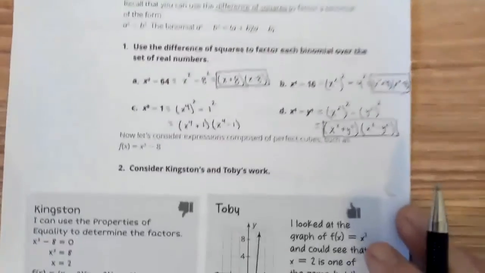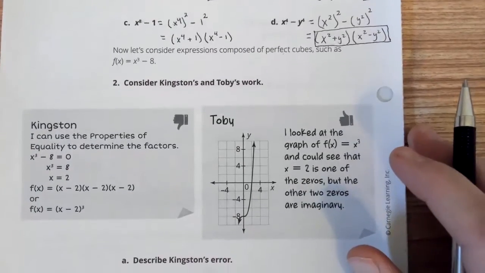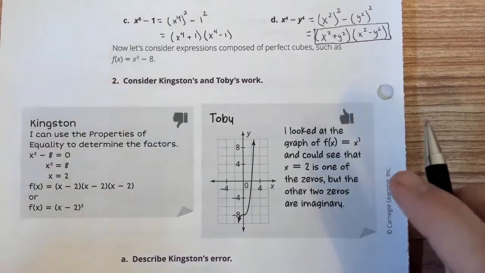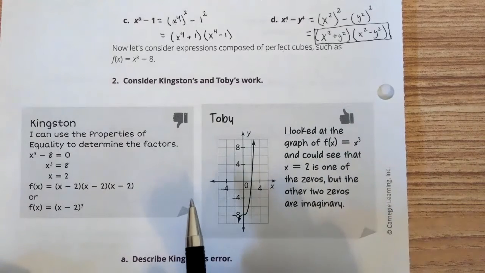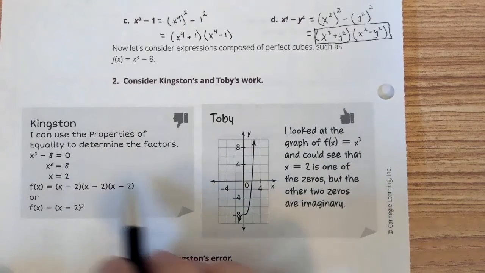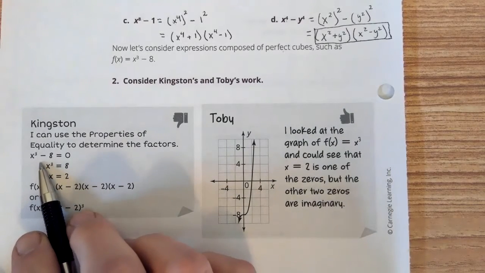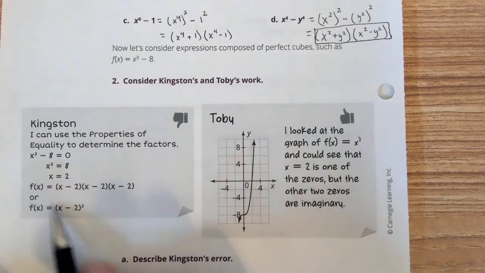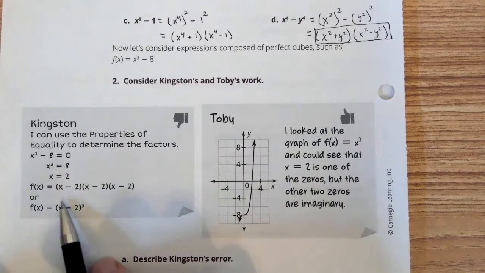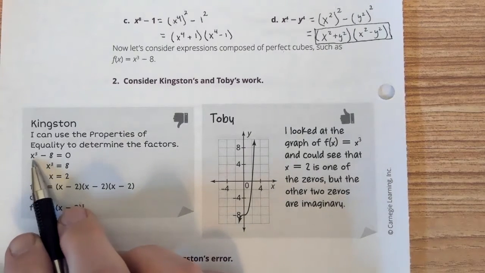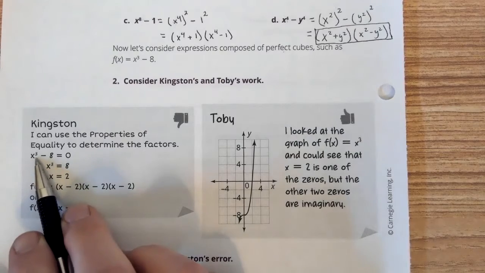Okay, so for this next part, this one tried to find some factors here, but it's not a perfect square. It's actually a cube.